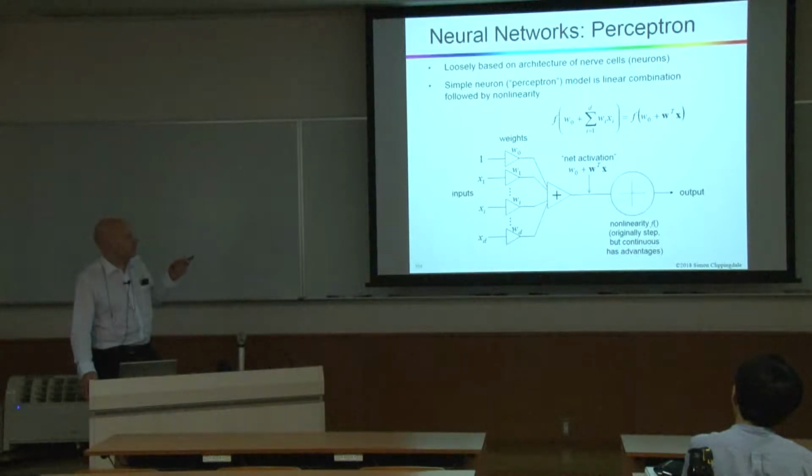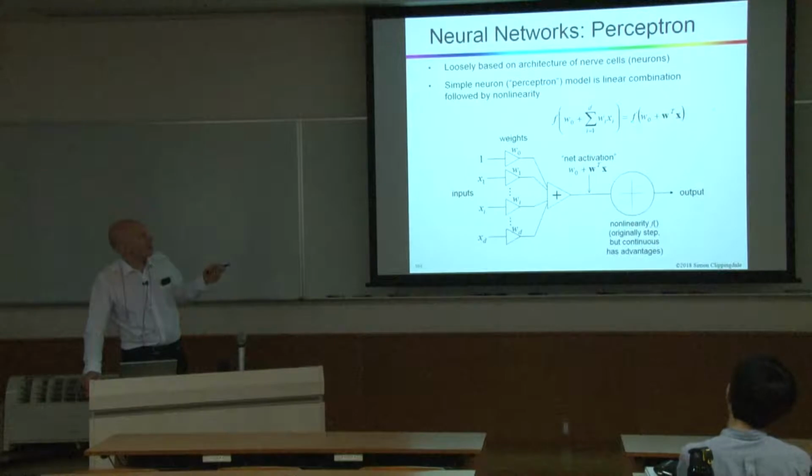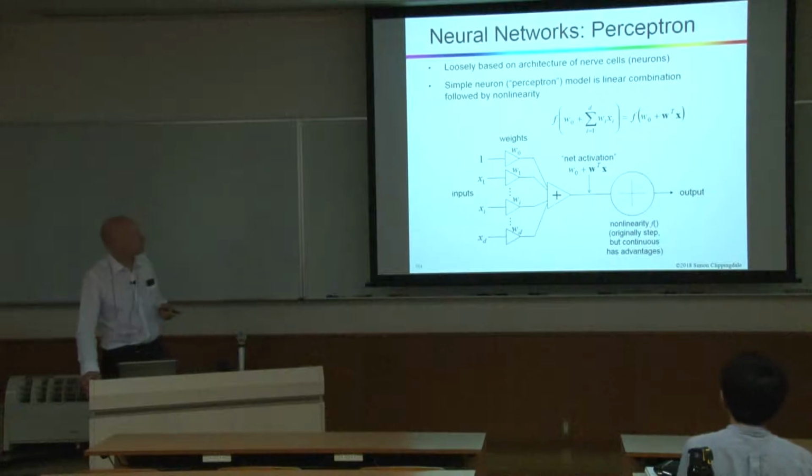A simple neuron model known as the perceptron is a linear combination of the inputs followed by some kind of non-linearity. So again, there's our input vector x, inner product with some vector of weights w, add some bias term w0, and put the whole thing through a non-linearity, this function f here.